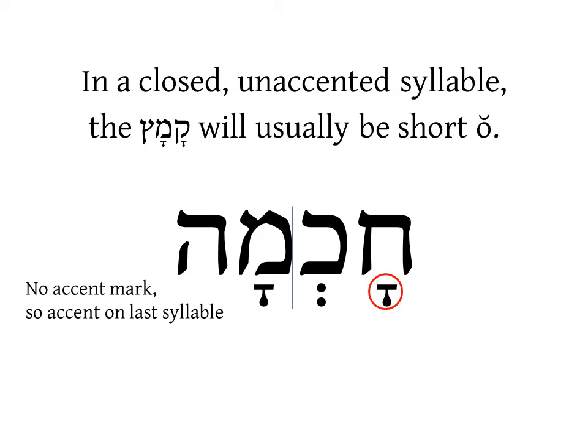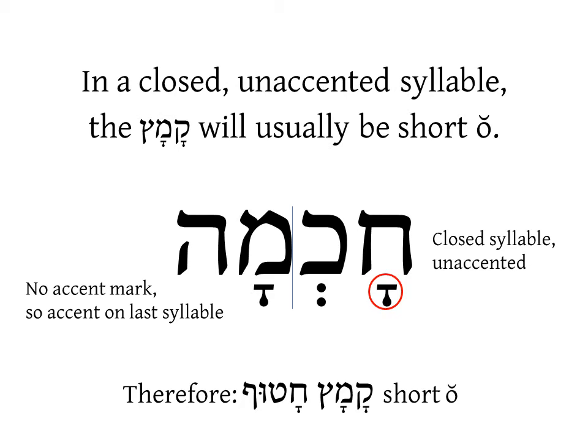Now, there's no accent mark on the word, so we assume the accent is on ma, the last syllable, with a qamats hey, a long vowel, at the end. Okay, so then we see that the first syllable is a closed syllable, and it's unaccented. Therefore, this qamats under the chet must be a qamats hatuf, a short o, chokhmah.